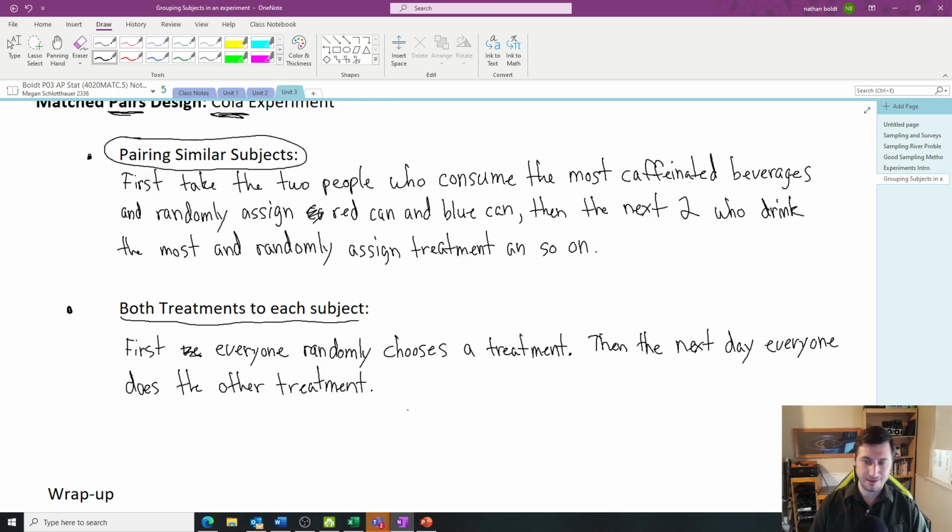All right. And there could be weird things like that if we all did it in the same order. And you don't want that to crop in. But it's still a matched pair because you're doing both. You're sort of pairing both treatments to yourself. And that's not a great way of talking about it, but there it is.